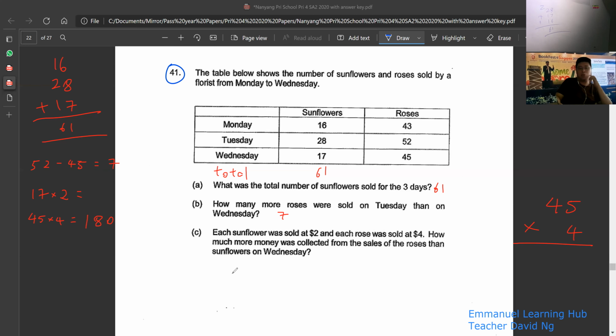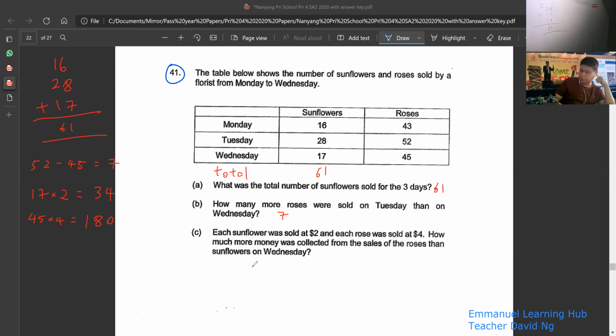How about 17 times 2? 34. But the question is not asking for the amount collected, right?